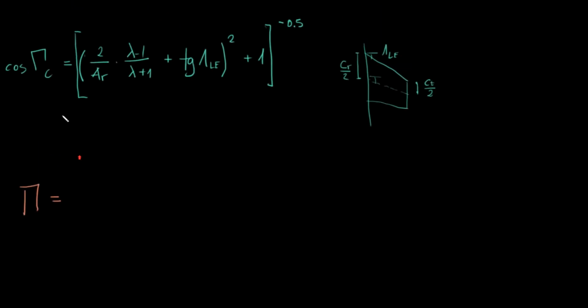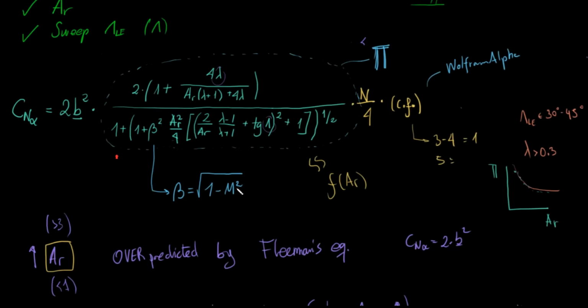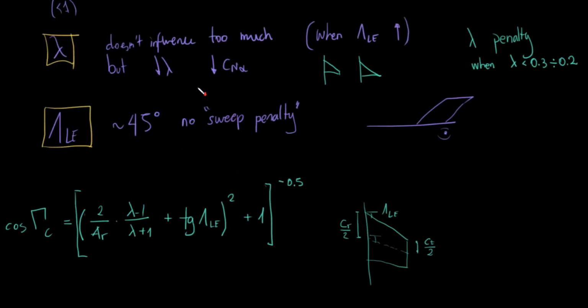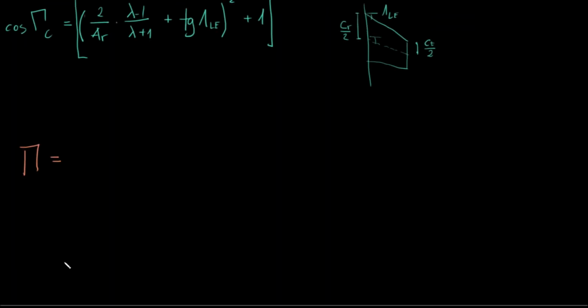You have the complete formula here for more precise calcs, but it can be found that the correction factor is something like 1.6 times the aspect ratio to the power minus 0.5, which is a nice function, right? So yeah, it does something like this.